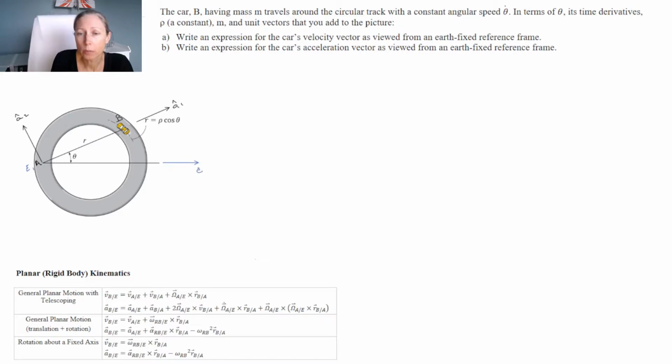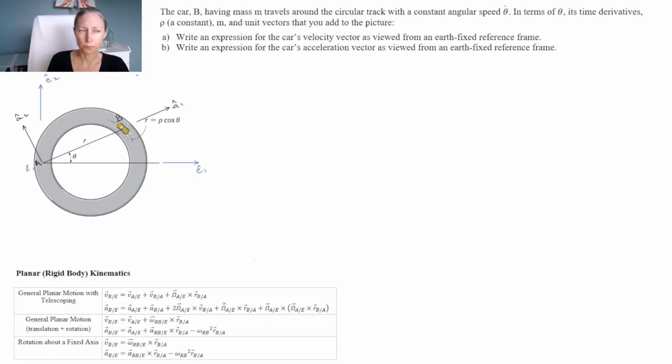And so I'm going to go ahead and define E1 to be along that direction. And that means that E2 is going to be vertical. So E2 is going to be the direction that A2 would have when theta is 0. So here is E2. And again, E3 is E1 cross E2, so it's going to be coming out of the screen.